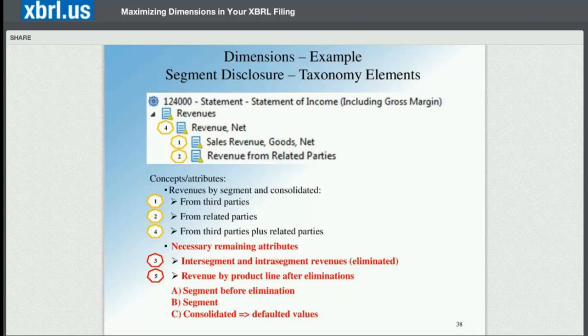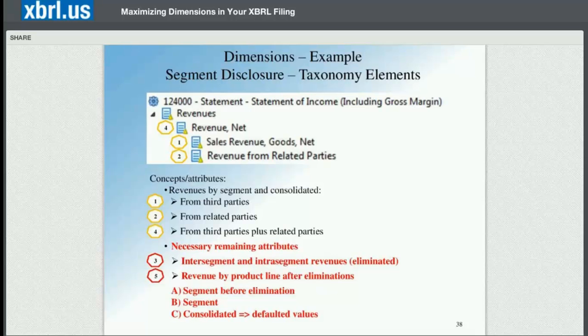And the reason why I know that revenues from related party here is excluded from sales revenue goods net is because revenues from related party is in the calculation link base of the US GAAP taxonomy, adding into a component of revenues net. So if revenues net includes two summation children, one of which is sales revenue goods net and the other is revenue from related parties, I know sales revenue goods net can include revenue from related parties that is not eliminated on consolidation.